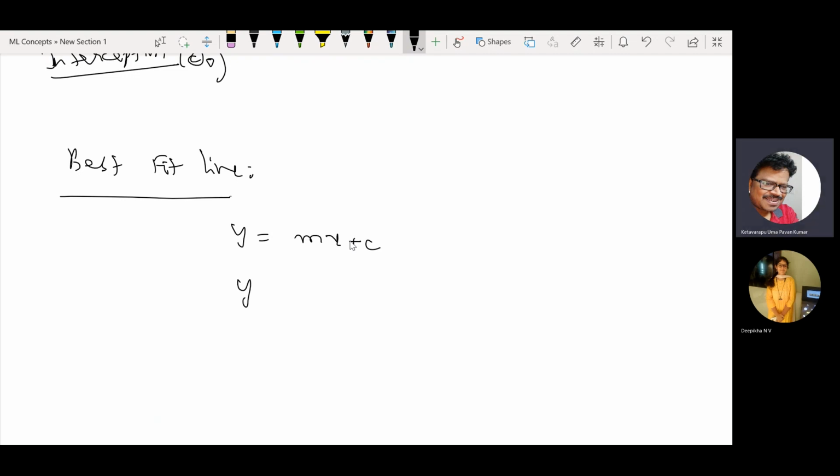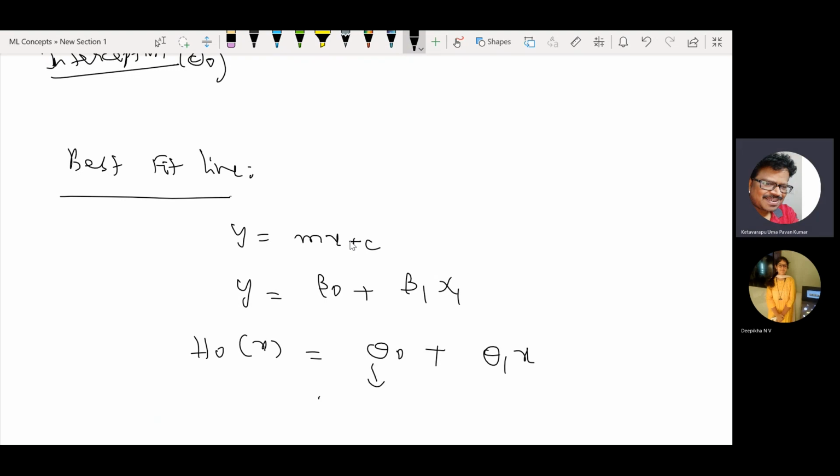Similarly, we can replicate the same equation according to our regression problem: beta naught, beta 1, x1. Technically, we have an equation like this: theta naught plus theta 1 x.